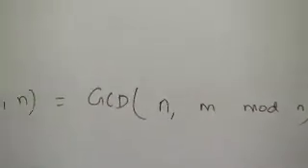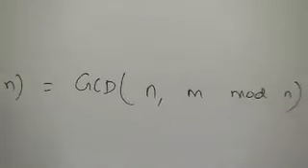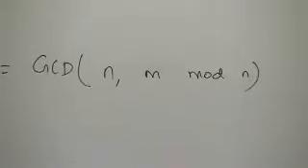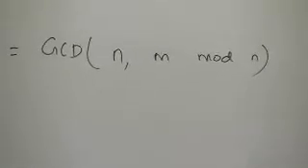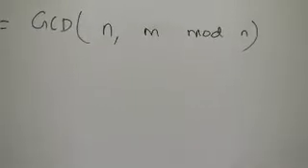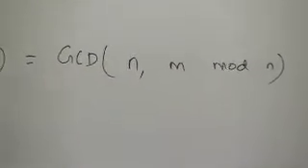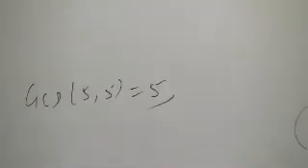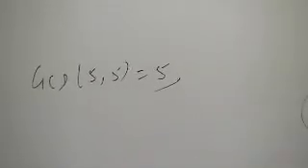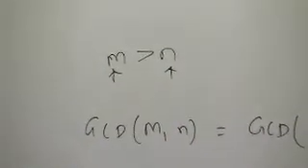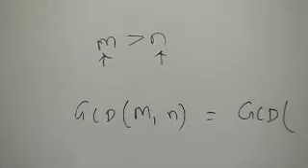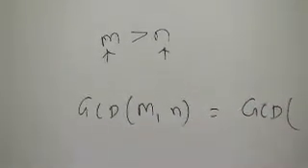This holds good for any m and n, but if m is equal to n, then the GCD is the integer itself. If you want to find the GCD of 5 comma 5, it is 5. So in general we work with one integer greater than the other.